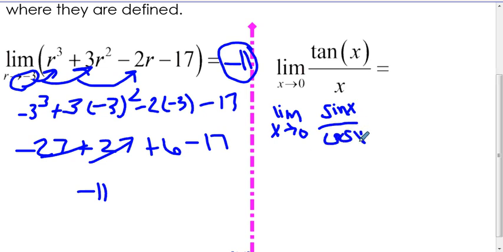And now when we divide fractions, we take the bottom and flip it and then multiply. So multiplied by 1 over x. Okay, so that's the same thing that we have there. We just changed tangent into sine over cosine.